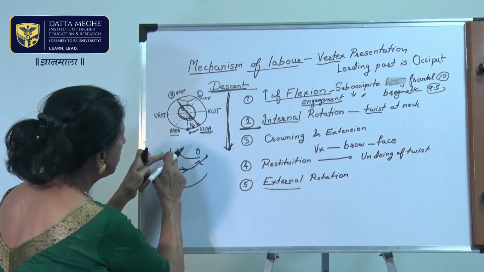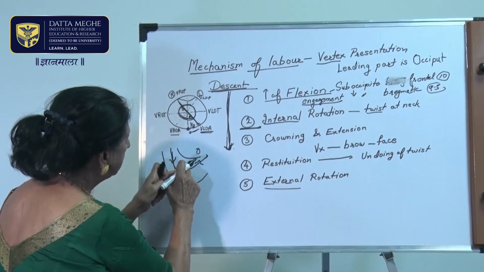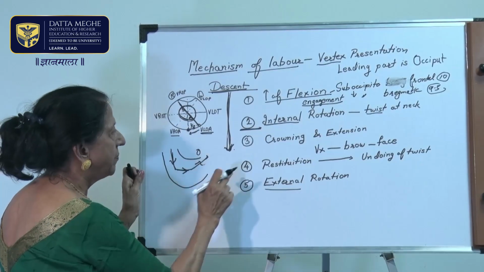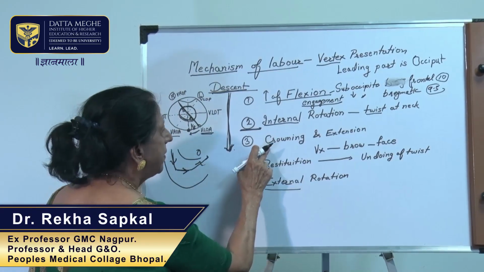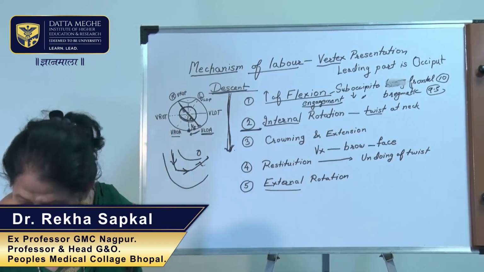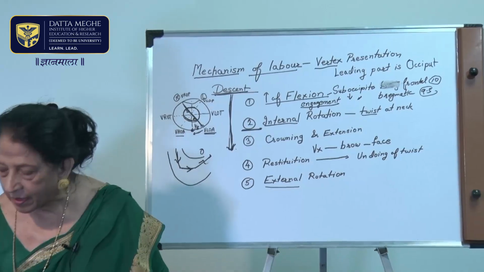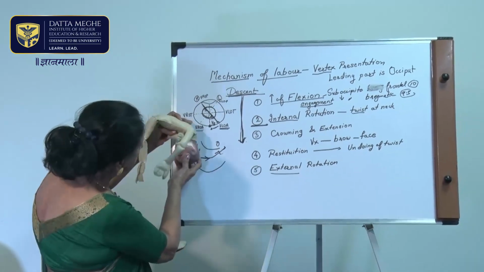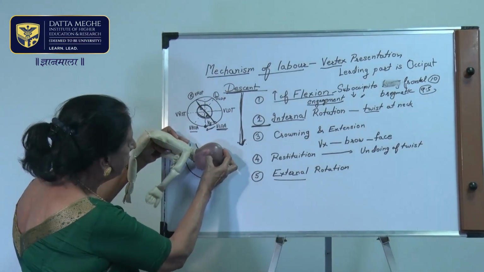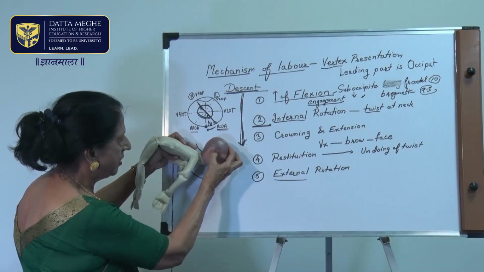So, when the head has to rotate, it will come down, then it will come horizontally, then it will come in the forward direction. So, in these cases there is movement of extension, means the head was like this, it gets extended, then there is crowning, and the head gets borne out after crowning.